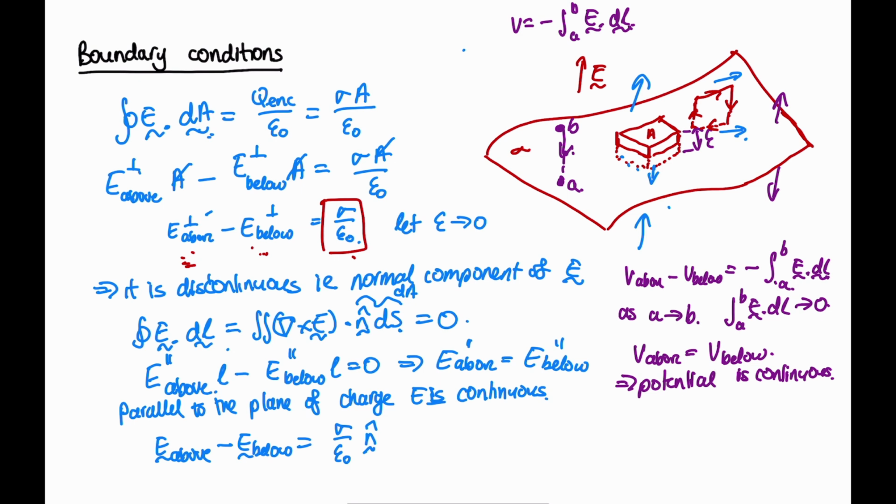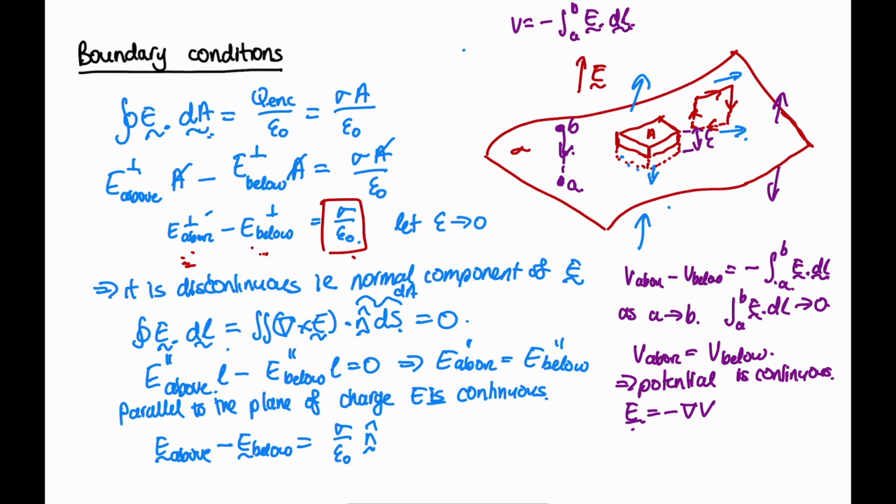So that makes the potential easier to deal with there than the electric field. But because our potential is the integral of the electric field, we can say the easiest way to write this is that the electric field is equal to minus the gradient of the potential, and the electric field is not continuous. So this tells us that the gradient of the potential is not continuous.